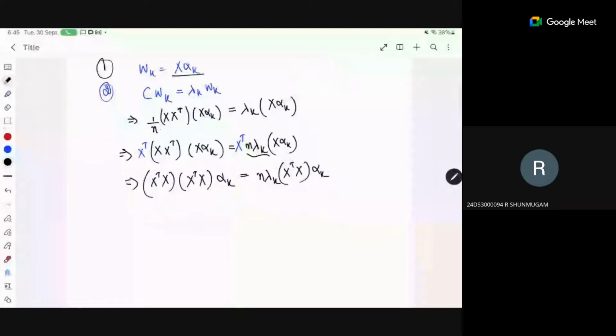Okay, so now we can cancel a few terms here, and what we will get is my X transpose X turns out to be n lambda k.